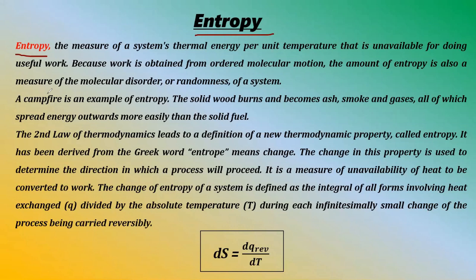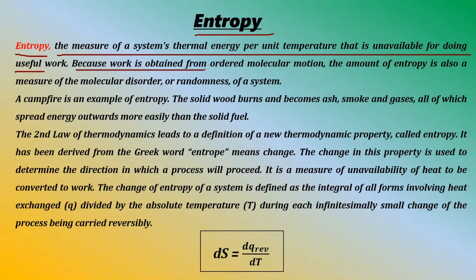Now, as you can see, the definition says that entropy is the measure of a system's thermal energy per unit temperature that is unavailable for doing useful work. Because work is obtained from ordered molecular motion, the amount of entropy is also a measure of molecular disorder or randomness of a system. So multiple points are given here. Number 1, entropy is molecular disorder or randomness of a system. Number 2, it is a measure of thermal energy of a system per unit temperature that is unavailable for doing work.